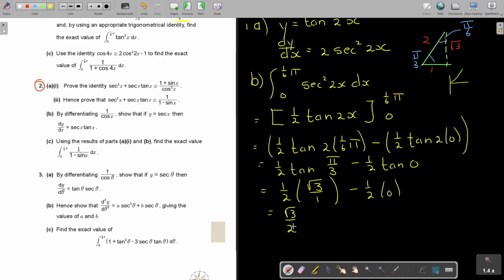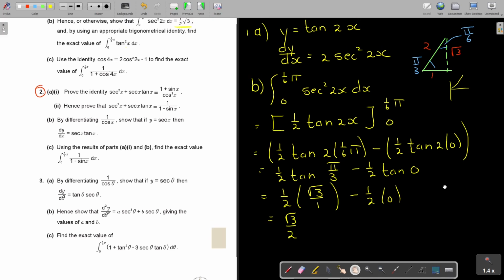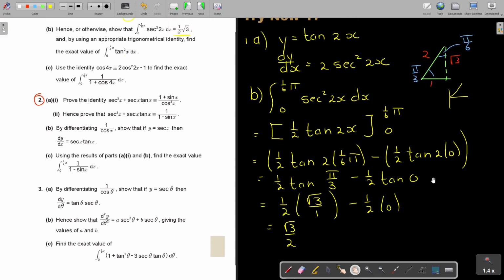Okay, let's continue. What was the next one? Just move it a little bit down. It says hence or otherwise show, okay, this is what I did there. And by using an appropriate trigonometrical identity, find the exact value. Now, maybe in 2 years' time it will not be, but in the first print, I left out that 2.